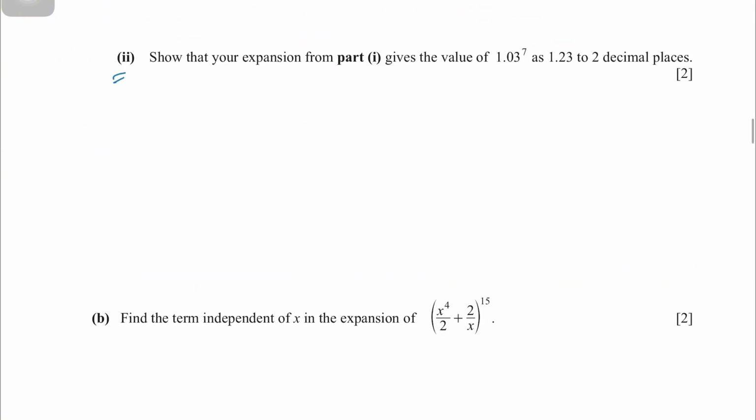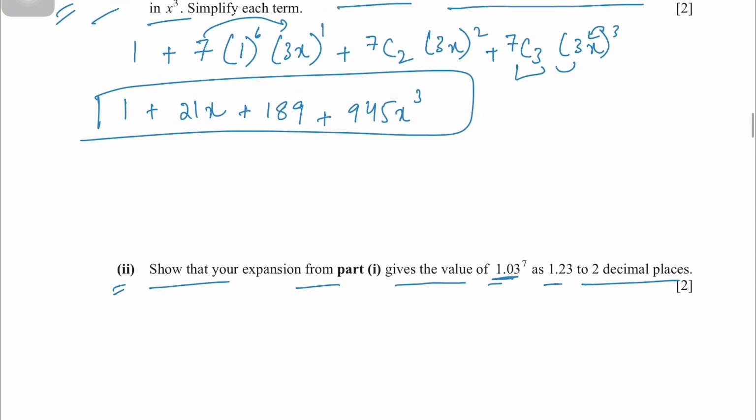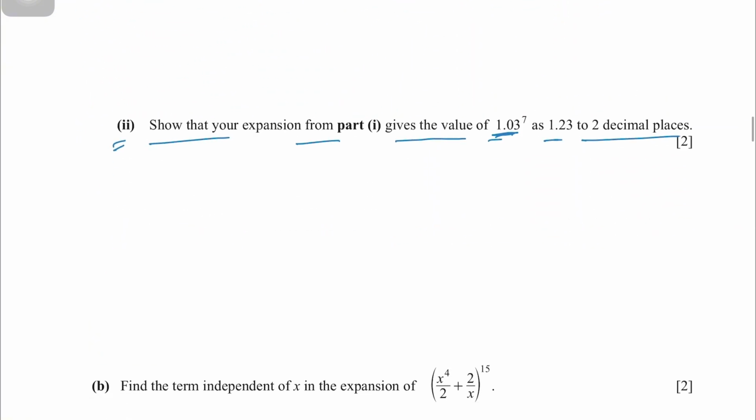Now moving on, we have to show that your expansion from part 1 gives the value of 1.03 to the power 7 as 1.23 to two decimal places. So we have to use 1.03 as this part. So 1 plus 3x equals 1.03. This one would be subtracted and 3 would be divided, so this would be 0.03 divided by 3. Our x is 0.01.